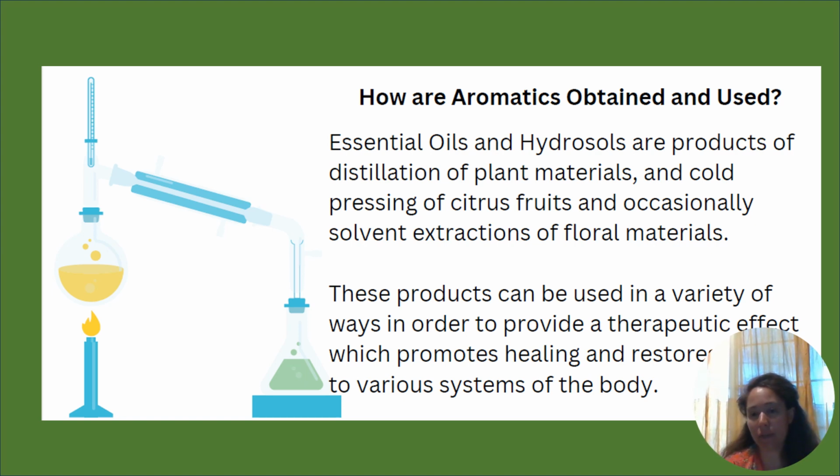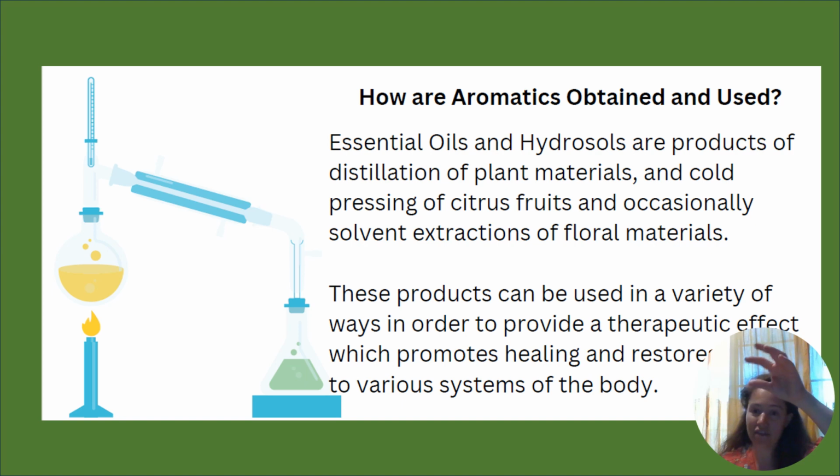Then the Bunsen burner is going to heat up the liquid, which is going to cause steam to rise to the top of the flask. And then it's going to hit the very top, and it's going to condense, and as it's condensing, it's going to go down this tube that you see coming down the side. Because if it goes the other way, it's going to hit the heat again, and it's going to come back up.